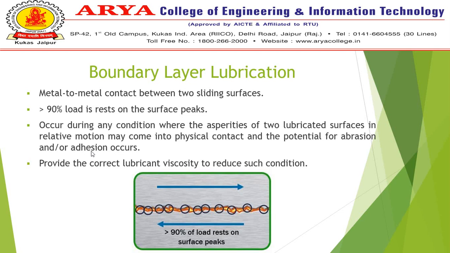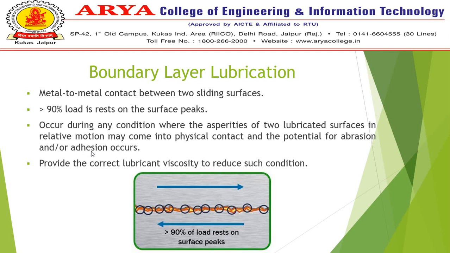Abrasion will remove material from the surface and cause wear and tear. So the asperities of two surfaces have relative sliding motion, and because of that we have to provide lubrication between the two surfaces.